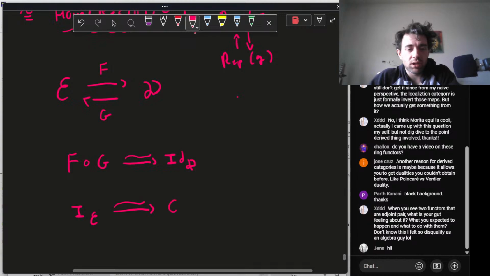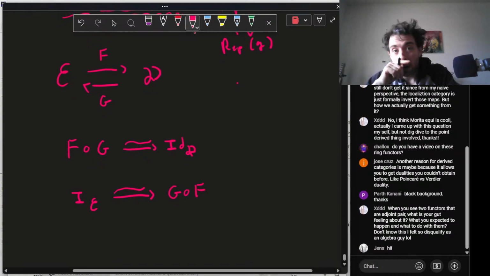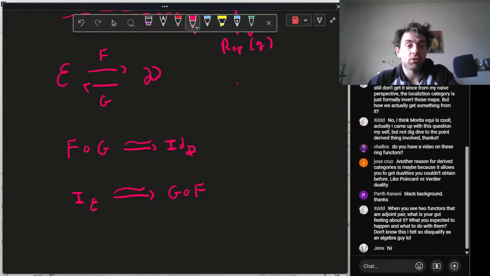And there should be a natural isomorphism between the functors composed in the other direction, right? So this is what it means to be an equivalence of categories. But now we might ask for the slightly weaker result and say, okay, what if both of these aren't equivalences anymore, but maybe we just have the existence of some natural transformation between these pairs of functors.